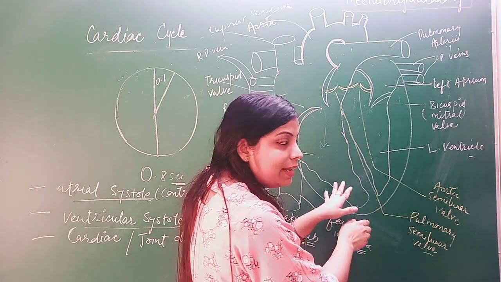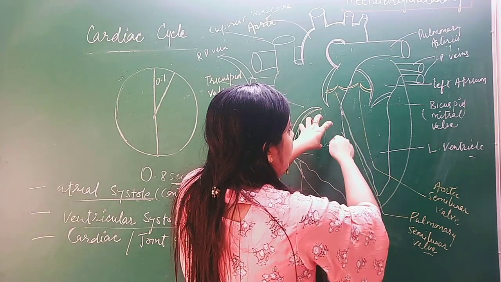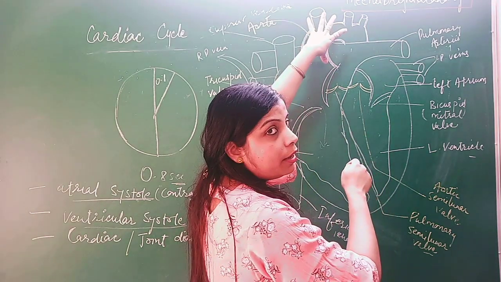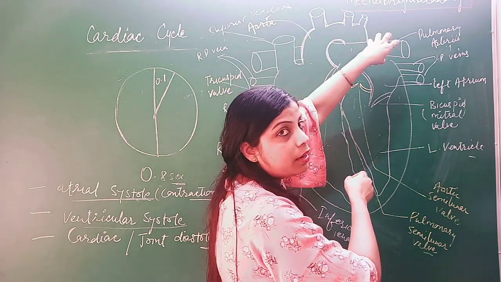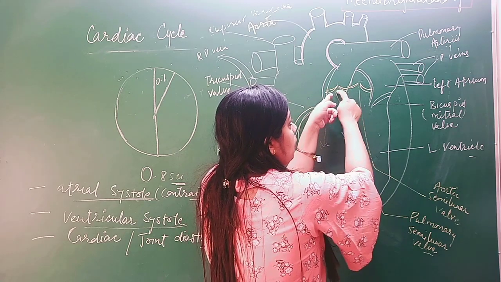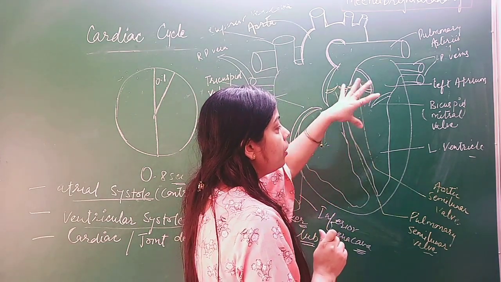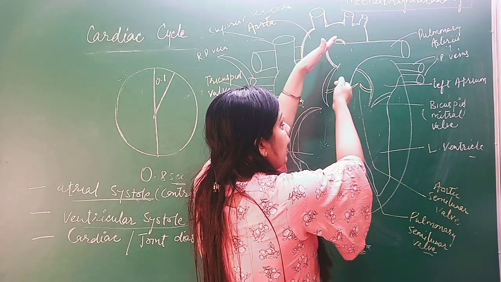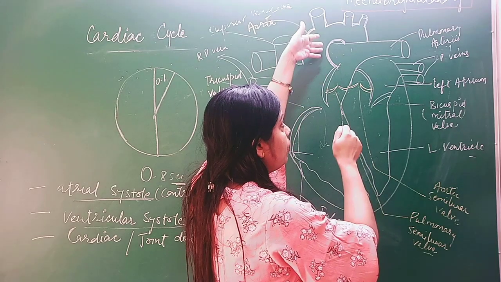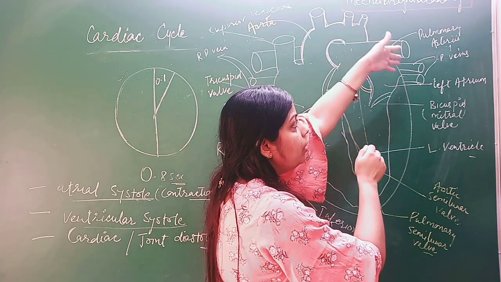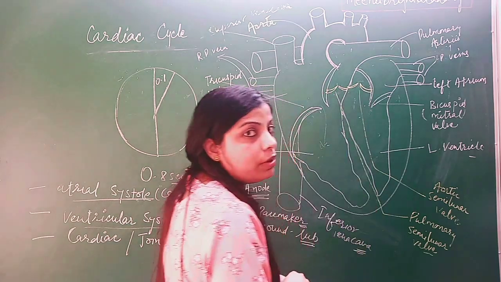Now pressure is less inside the ventricles. The blood has gone to the lungs and aorta, so due to increased pressure in the aorta and in the lungs, these semilunar valves are closed, so that backflow of blood will not occur. Why? Because pressure is more inside the aorta and in the pulmonary arteries.